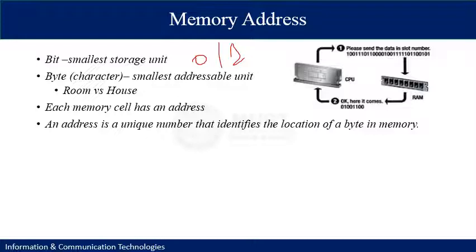Similarly, in one house you can have multiple compartments as rooms. So each memory cell has an address. For every byte, you will have an address to access that memory location. So the address is again a unique number that identifies the location of the byte in the memory.